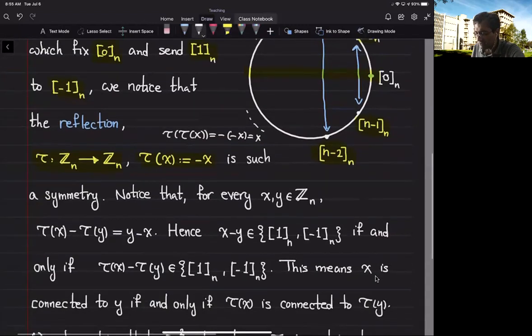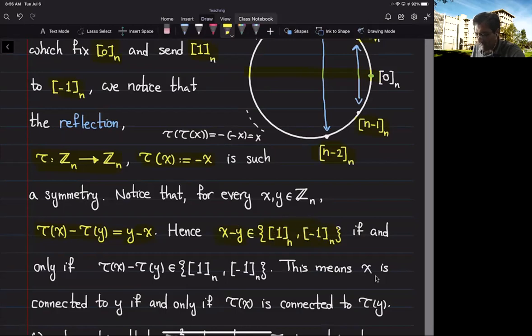The next thing that we notice is that tau of x minus tau of y is y minus x. So I'm essentially negating the difference. Now, again, let's recall that x is connected to y precisely when their difference is inside this set. And this set is symmetric, meaning if I take an element, then its inverse is here and vice versa.